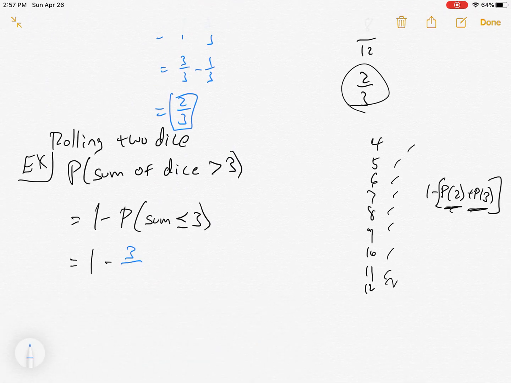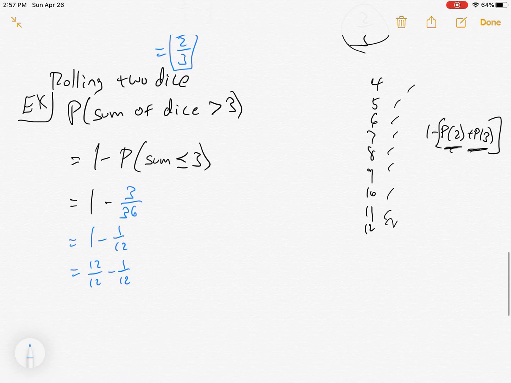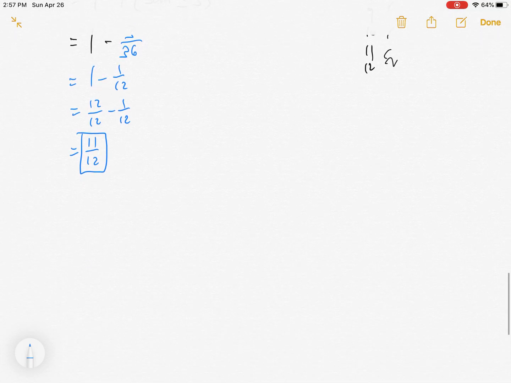There are only 3 out of 36 ways to get a number less than or equal to 3, which is 1/12. So the answer here is actually 11/12. If you're playing a game and you need something bigger than 3, anything but 3 or 2, you have an 11/12 probability. So it's looking pretty good for that case.